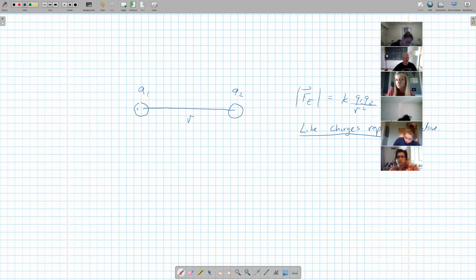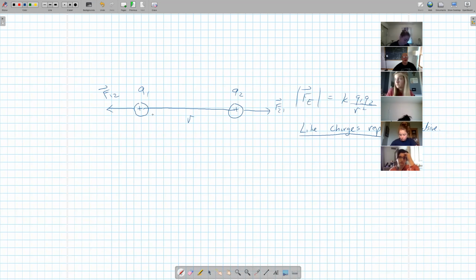So for example, if I have a positive charge here with a positive charge here, the force on Q1 from Q2 will be in the opposite direction. So this is F21. These guys will be repulsed from each other.